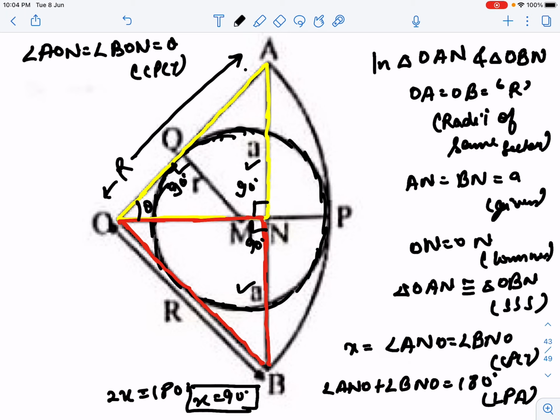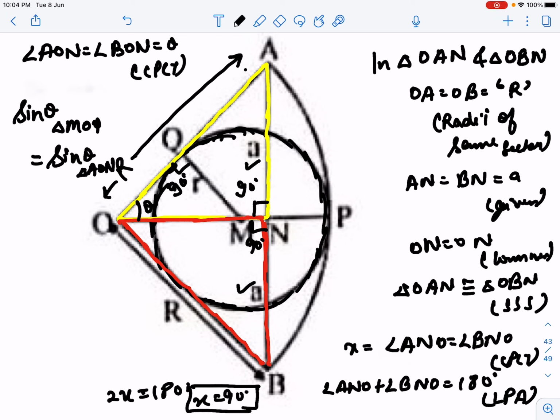So this angle I am assuming theta over here. Now guys, sin theta I will be equating in two triangles. Which two triangles? Sin theta in triangle MOQ is equal to sin theta in triangle AON.